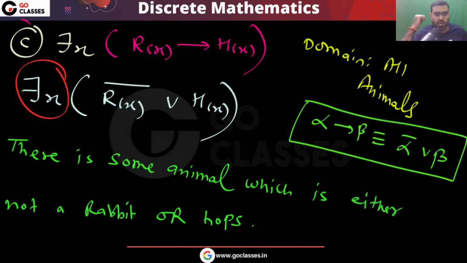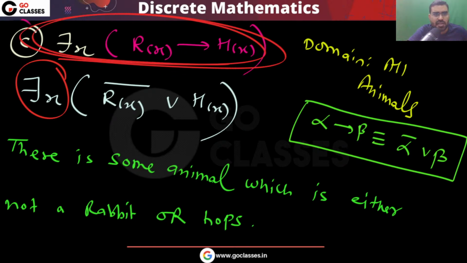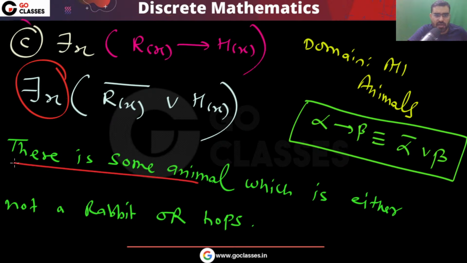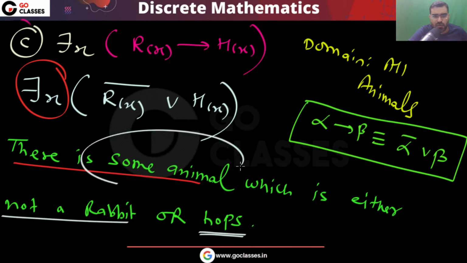Okay, is this clear to everyone? Please tell me what this statement is saying. There is some X, some animal, which is either not a rabbit or it hops. This type of animal is there. So this is your statement C.